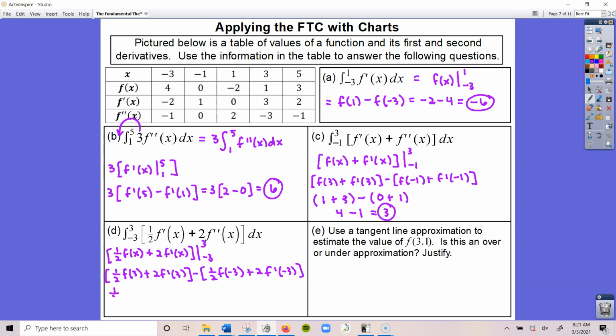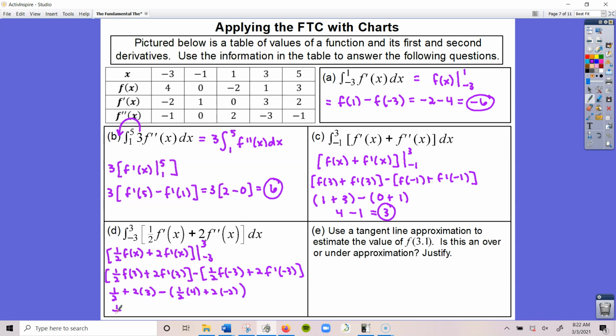So we have 1/2 f of 3, which is 1, so just 1/2, plus 2 times f prime of 3, which is 3, minus 1/2 f of negative 3, which is 4, plus 2 f prime of negative 3, which is negative 2.